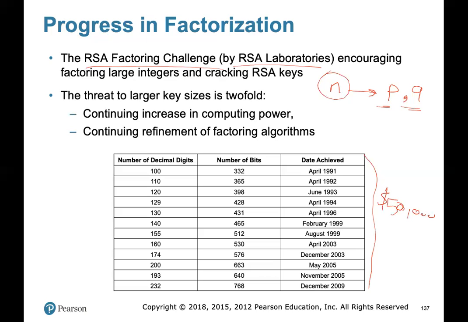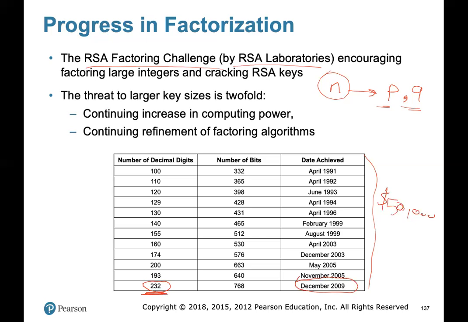For example, the latest broken in 2009: here the people are not attackers, basically, they are researchers, cryptography people who try to do the factorization, and they were able to factorize an n that had 232 digits. So we are talking about a very big number.